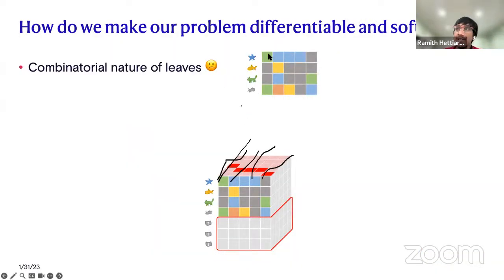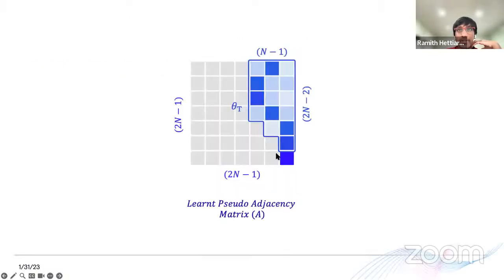Let's say in that literature, we have all the representations of the nodes, and we want to come up with the best tree. But the problem is, if we just parameterize the strictly upper triangular matrix, we lose the ability to connect a different node.